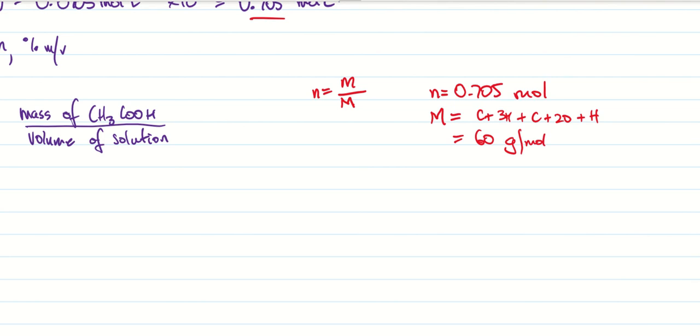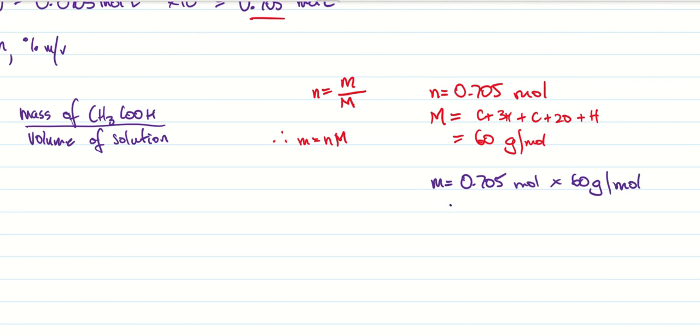So what we do now to calculate the mass is multiply the number of moles by the molar mass. So let's keep our working under each other. So the mass in grams equals the number of moles, 0.705 moles, in 1 litre of water, multiplied by 60 grams per mole.